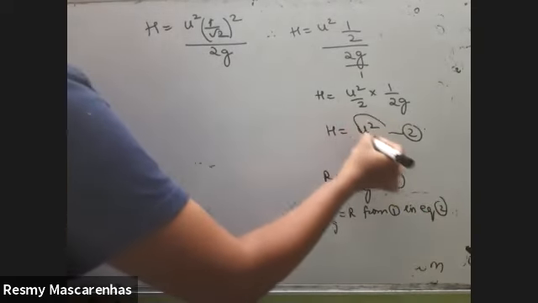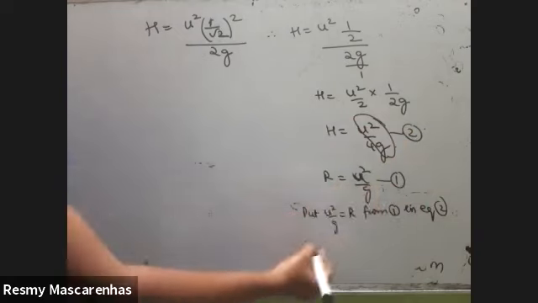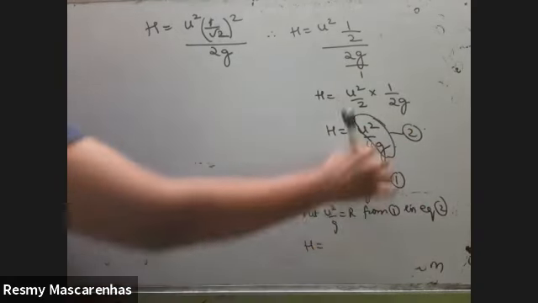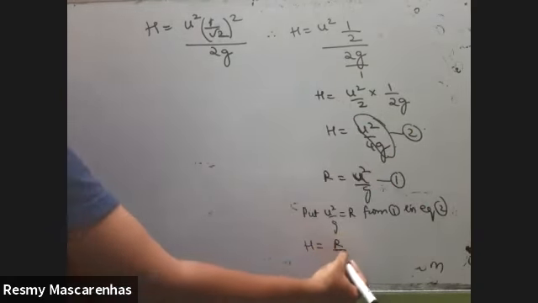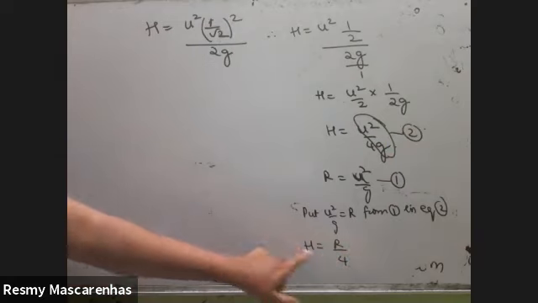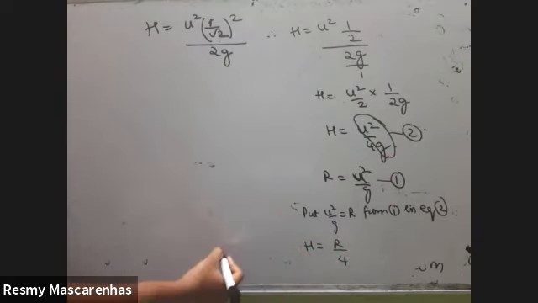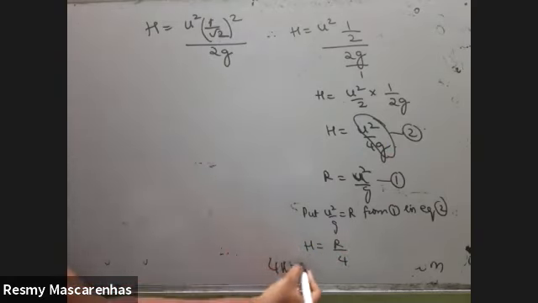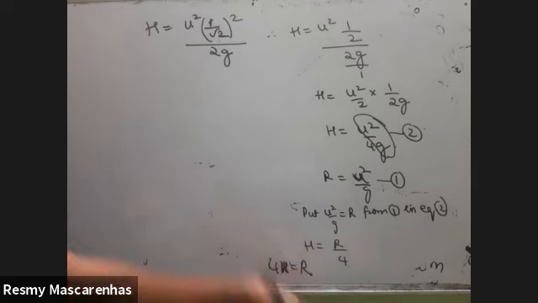So this part is nothing but R. h will be nothing but R upon 4. So R you keep here, 4 you take on the other side. So R is 4 times h.